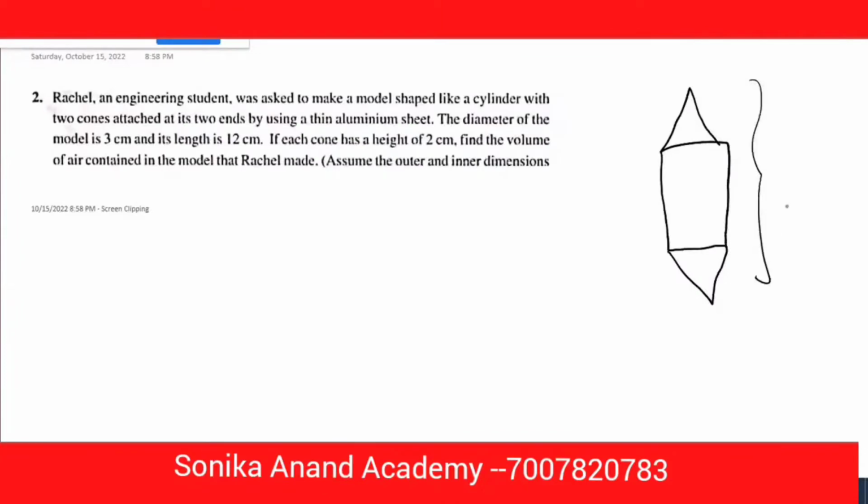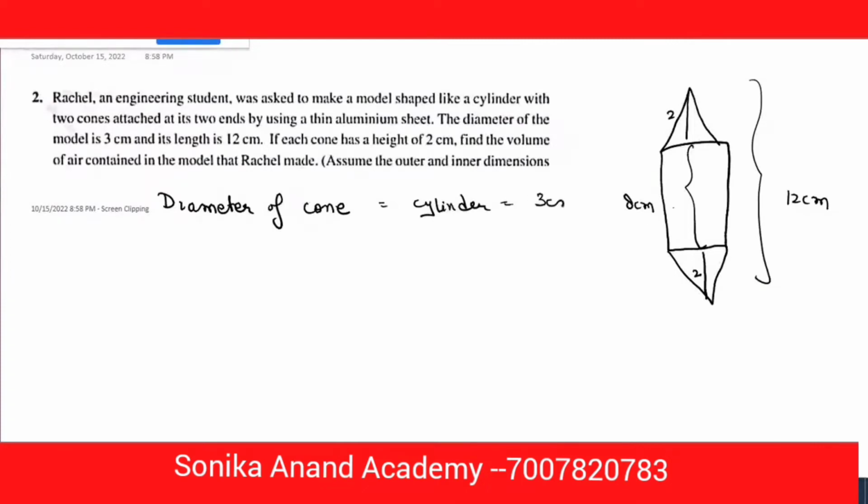Height is 12 centimeter. And here the height of each cone is 2 centimeter. This is again 2 centimeter. So the remaining portion will be 12 minus 4, that is 8 centimeter. So in this way, the diameter of the cone is equal to the cylinder, which is equal to 3 centimeter.